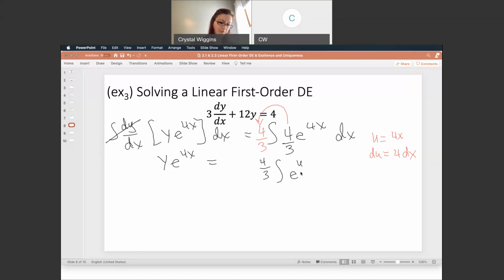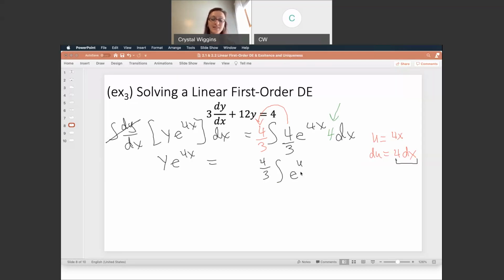And in order for me to accommodate 4 dx, I need to do some algebra manipulation here. I need to put in the 4. And remember, back when you learned this in Calc 2, that when you put a constant into the integral, you are multiplying the whole thing by 4, which is illegal. You only can multiply by 1 because 1 doesn't change anything.